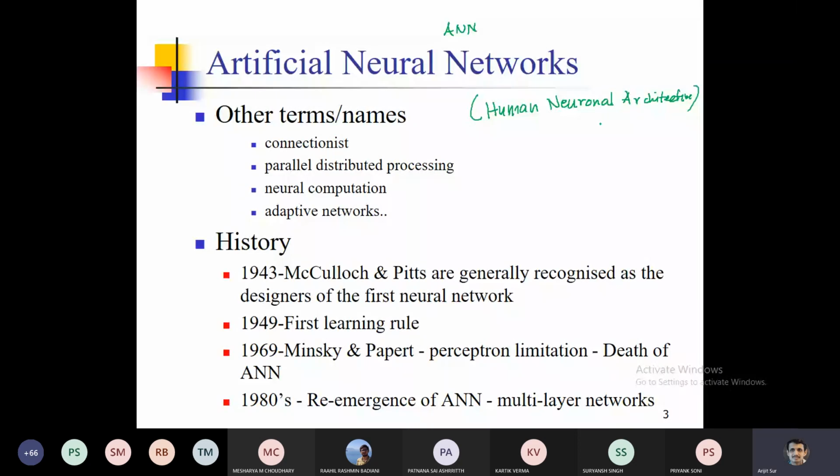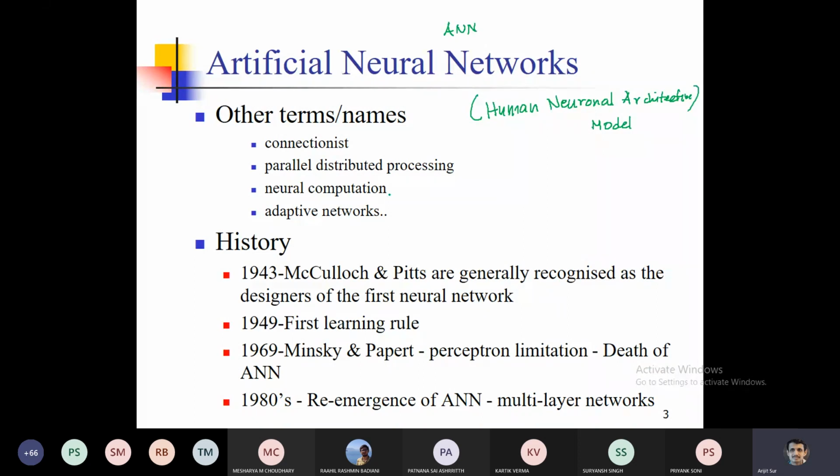So to some extent it follows the basic principle of this. It is connectionist, so there are a lot of connections. We'll see how the connections are. Then there is a huge network of parallel distributed processing involved with this ANN.